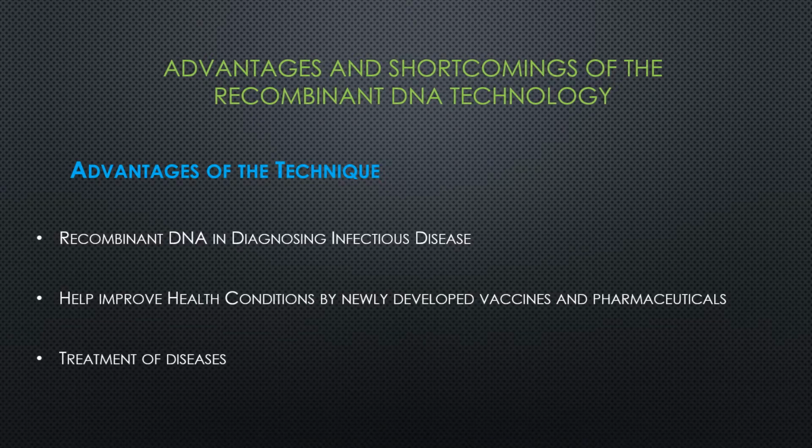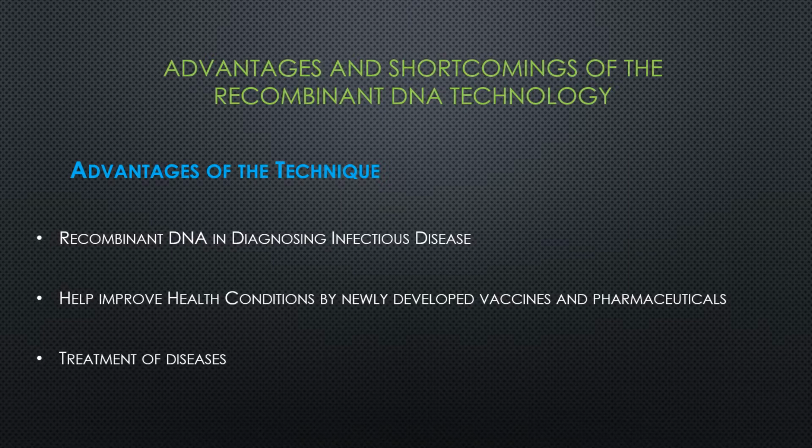Hi everyone, my name is Jodeline, and my part is to discuss with you the advantages and shortcomings of the recombinant DNA technology. So when we say recombinant DNA technology, sometimes referred to as genetic engineering, it can benefit people in several ways.